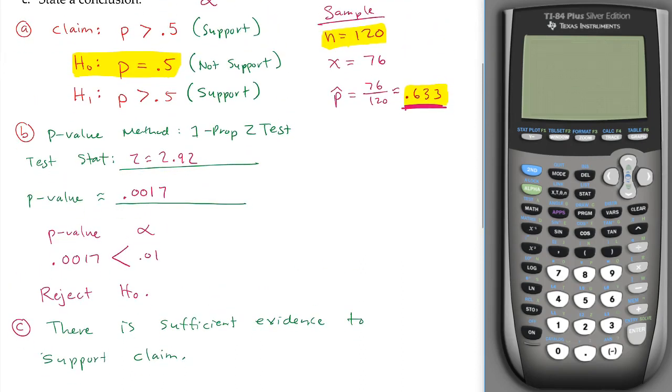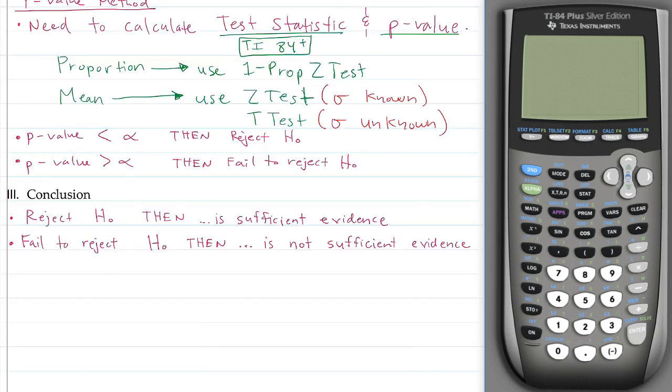Okay, so hopefully that helps. Hopefully it made a lot more sense now. Just remember that depending on which parameter we're working with, whether it's population proportion or population mean, you're going to be using different functions on the calculator. Also, sometimes on your homework, these will not produce the correct answers.